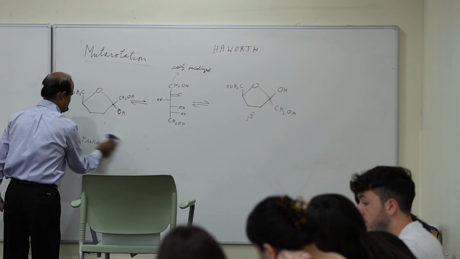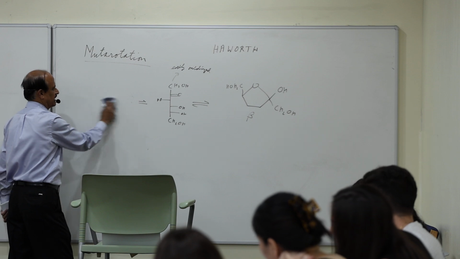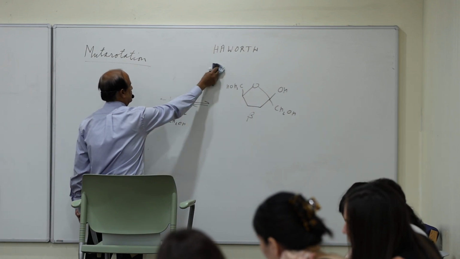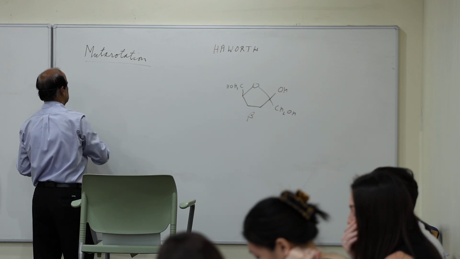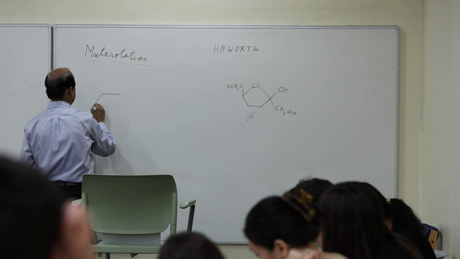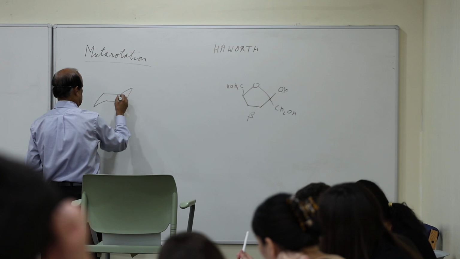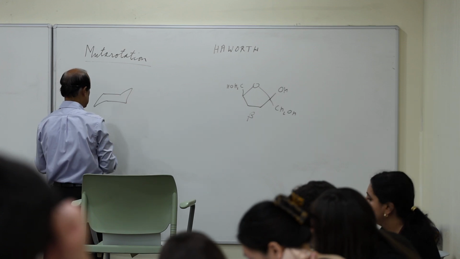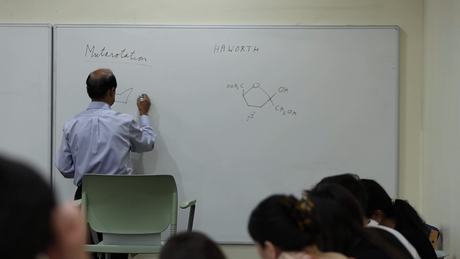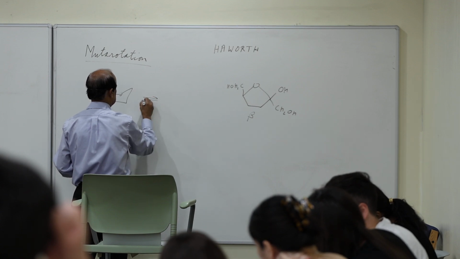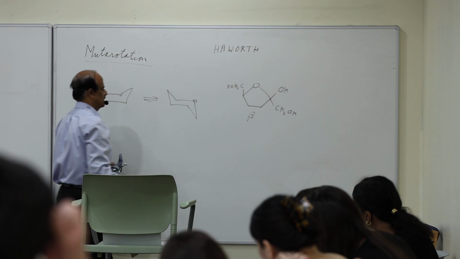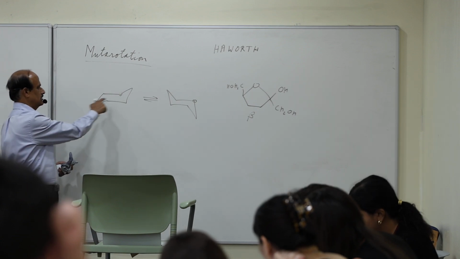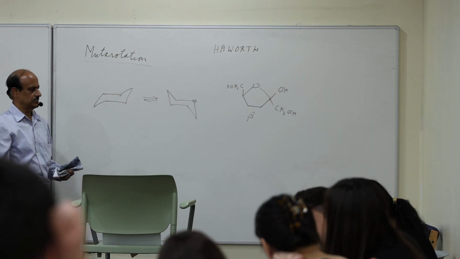But as a pharmacist, you will mostly find it drawn this way. Just to give you one example, this will be your glucose, which can exist like this, or this in the flip chair structure.